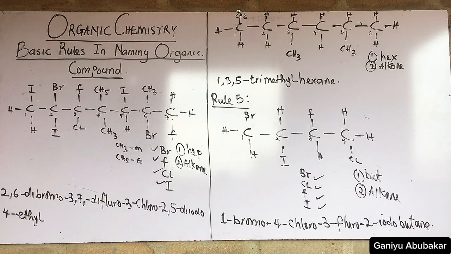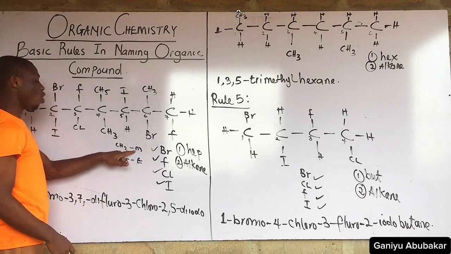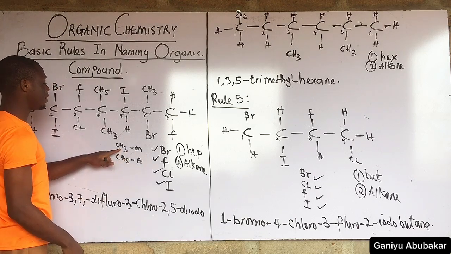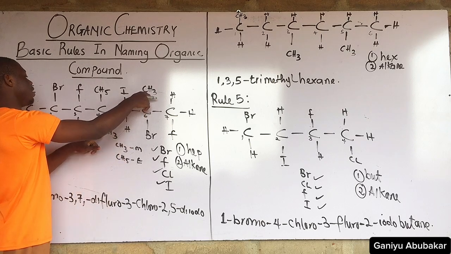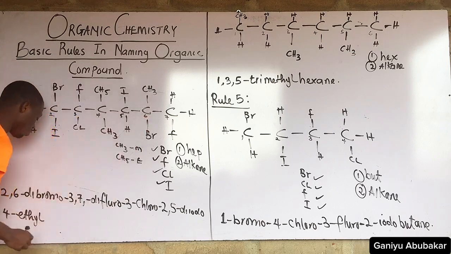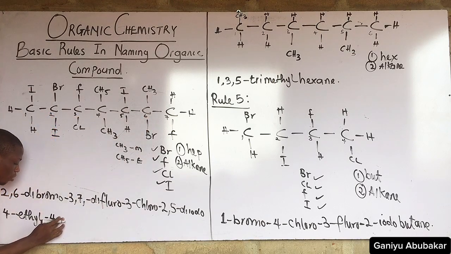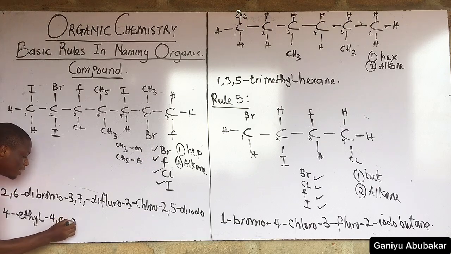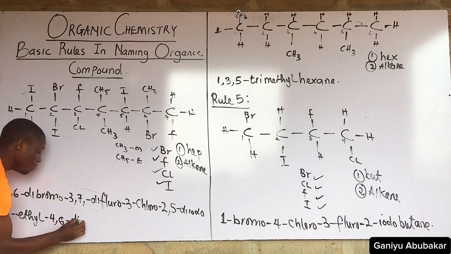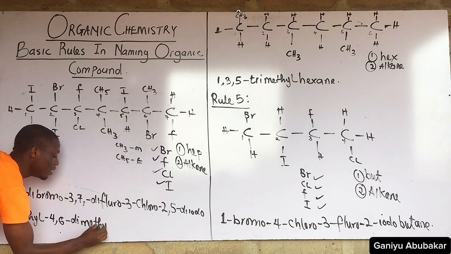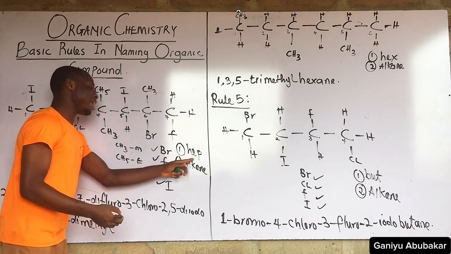4-ethyl. Next up, methyl comes second. So what's the position of methyl? I have 2 methyl here. This becomes 4,6-dimethyl. Next up, hexane.